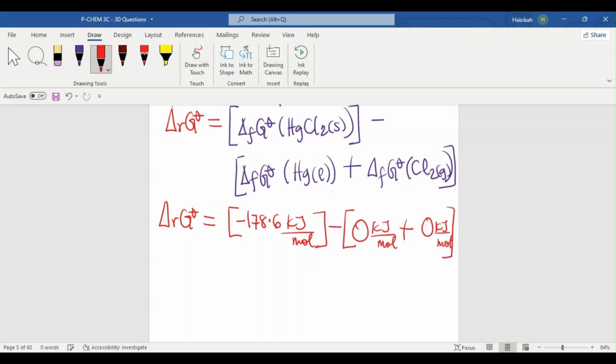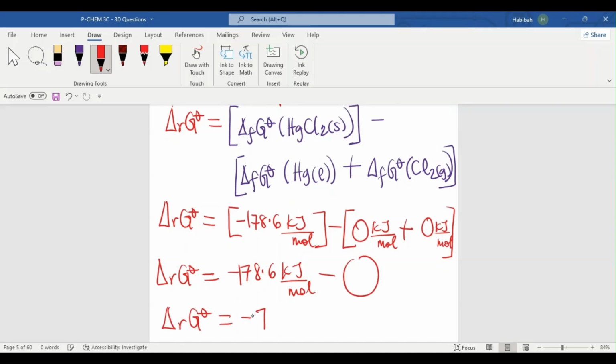So the Gibbs energy of reaction will be negative 178.6 kilojoule per mole minus 0, which gives us negative 178.6 kilojoule per mole. So this is basically the answer to this question.